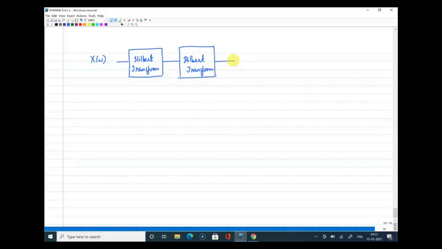Can I get your response in the chat box? Yes, 180 degrees. That is the same as negation of your signal, minus x of omega, right? So a cascade of two 90-degree phase shift operations negates the signal. All right.